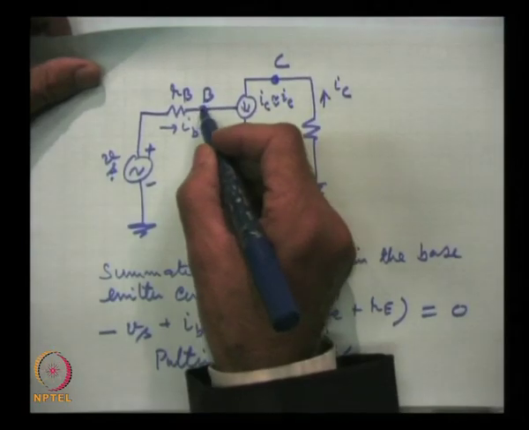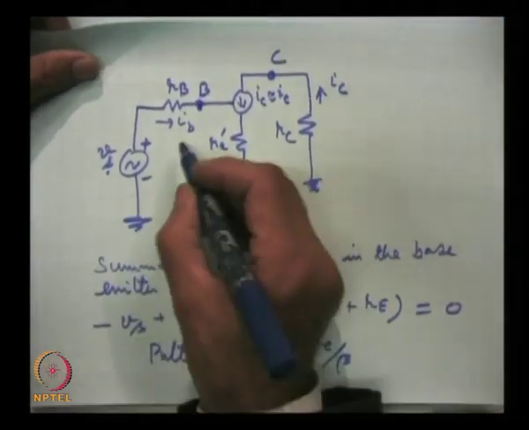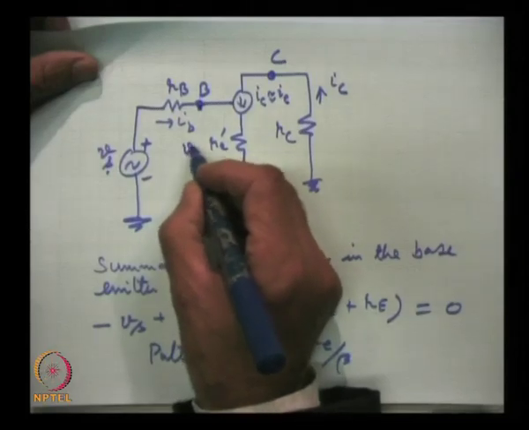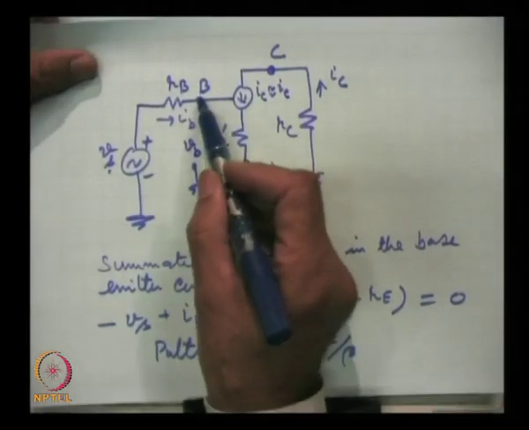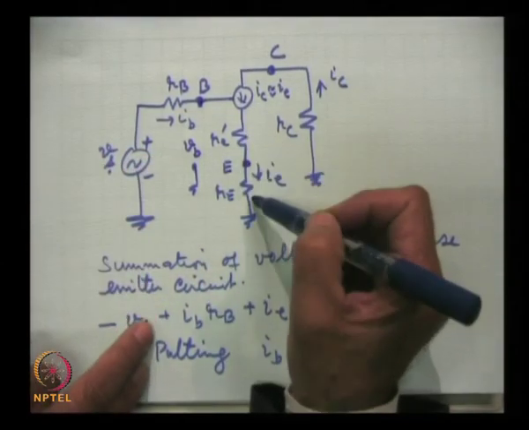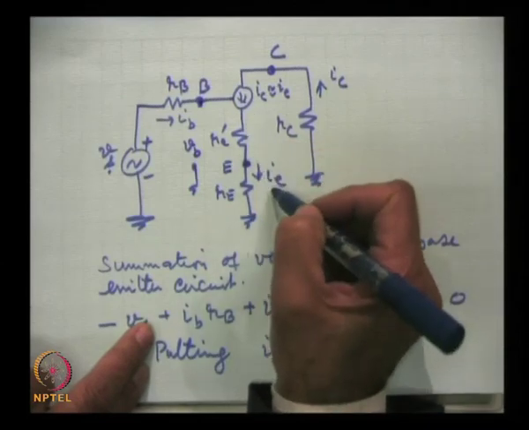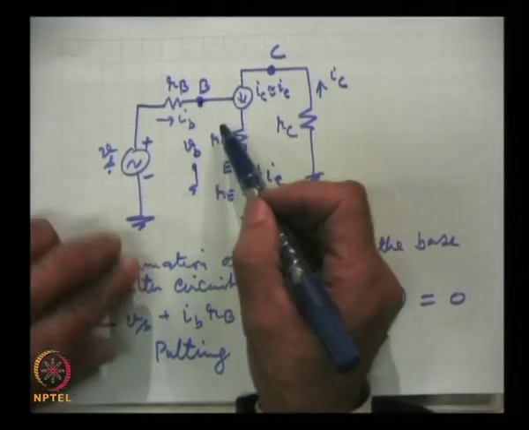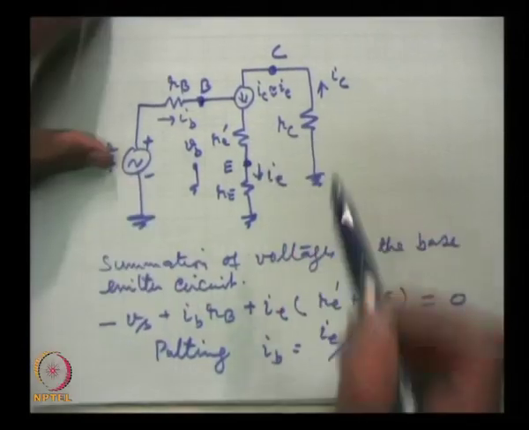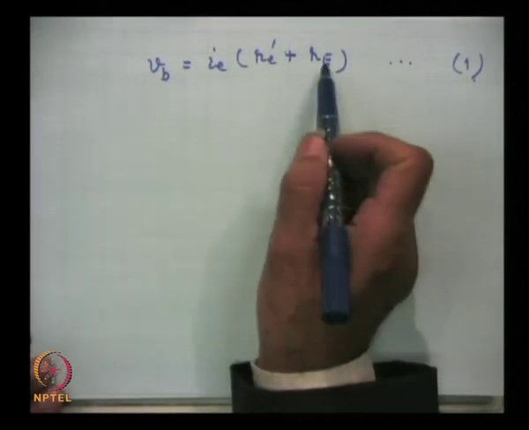The base terminal and ground. What is this voltage here? This is Vb between base and ground. Now, these two resistances are in series and the current flowing from here is Ie. So, obviously, the voltage which we will get will be what I have written, Ie into the two resistances in series.